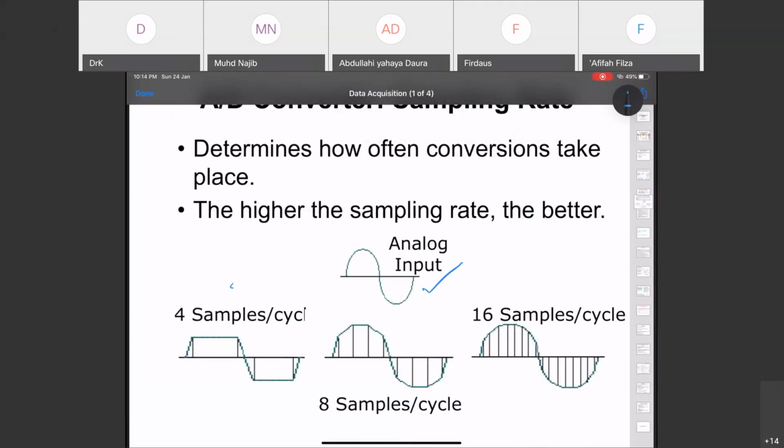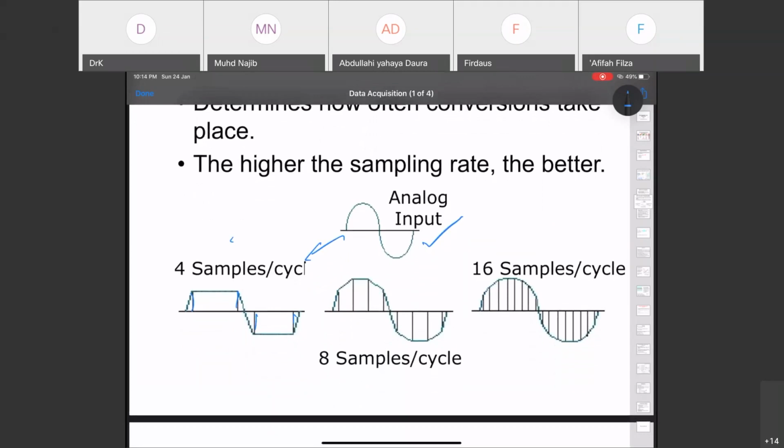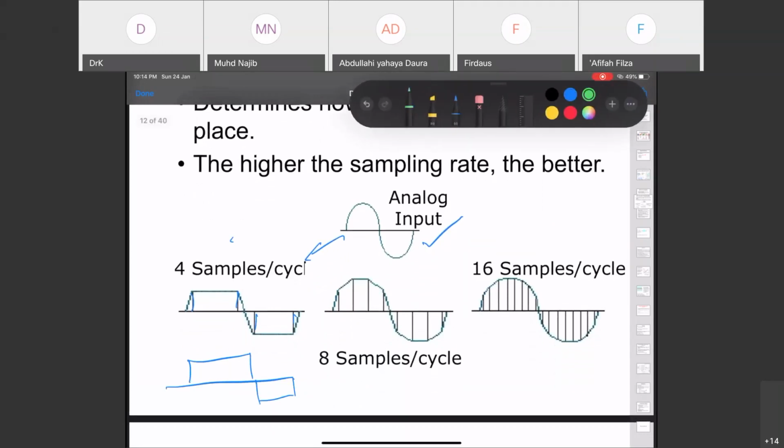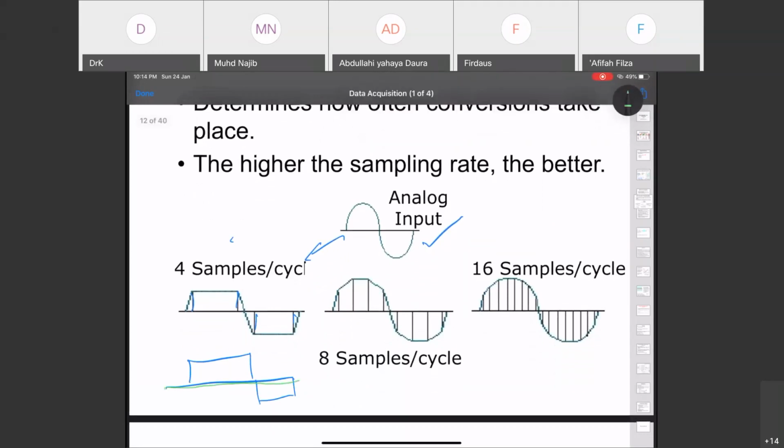If you look at this analog input, it's a pure sine wave. But if you take only 4 samples per second, you will get these 4 points, and you will eventually end up with a square wave.